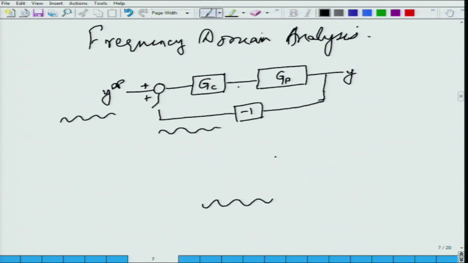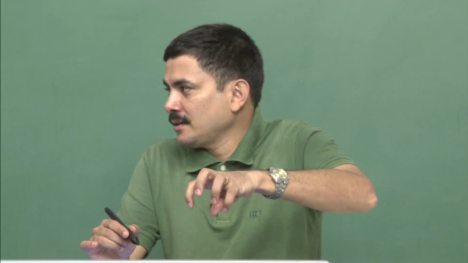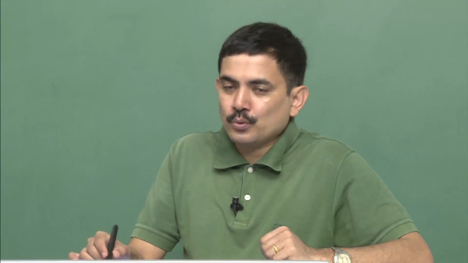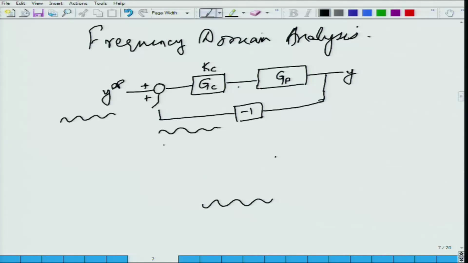Now, let us say this G c is again a proportional controller. If I start cranking up Kc, the amplitude of the output sine wave will go up. This sine wave will start becoming bigger and bigger as Kc is increased. Also, the phase shift will change.